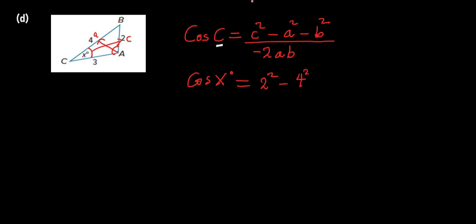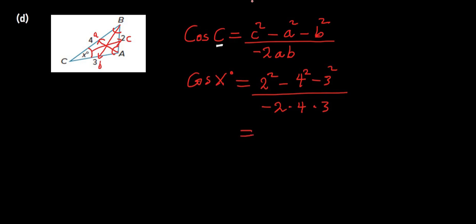And b, this is b, and the lowercase b is this, which is 3. So minus 3 squared over negative 2 times 4 times 3.